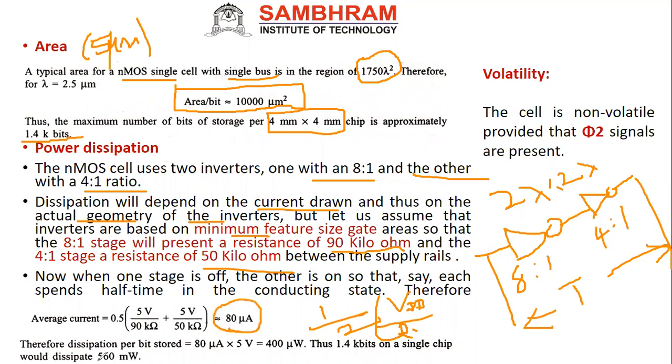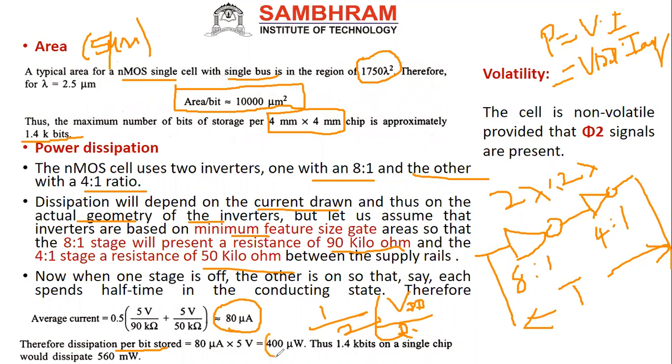Therefore the dissipation per bit stored, to store one bit, how much will the dissipation be? The power dissipation will be calculated with the formula P equals VI. Here V is nothing but VDD, and I is nothing but I average. So VDD is 5 volt, and I average is 80 microampere.